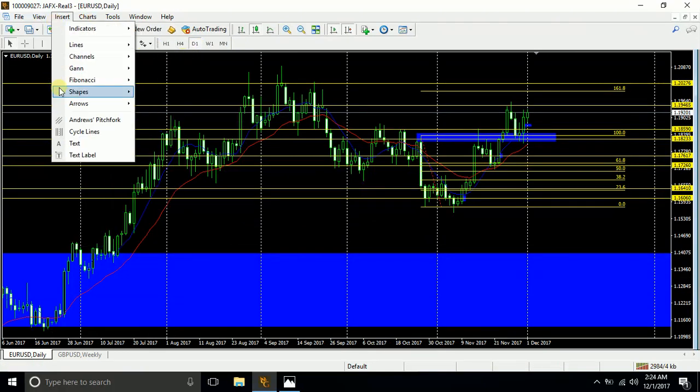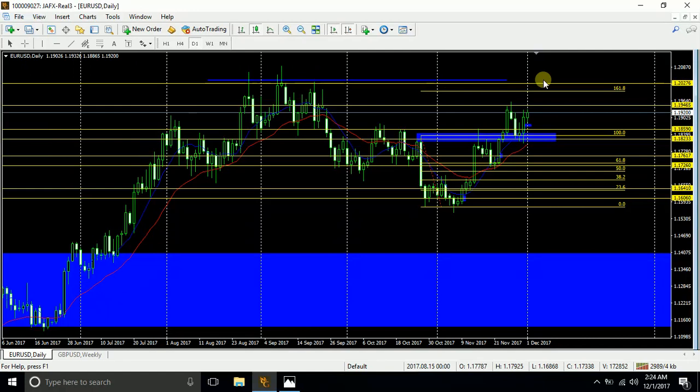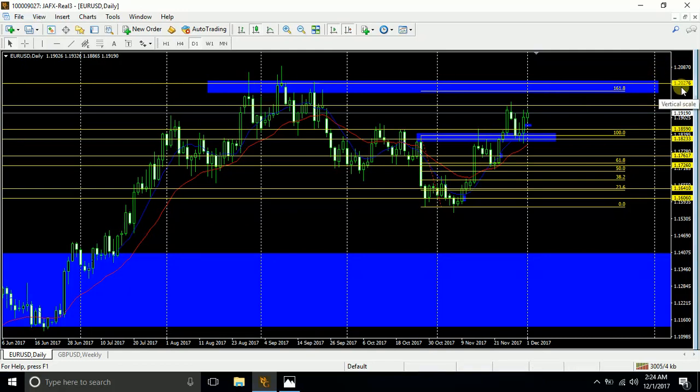Our next potential zone is going to be here at the 161.8. But looking at the 161.8 Fibonacci, our next level of resistance isn't right here until the 2276.